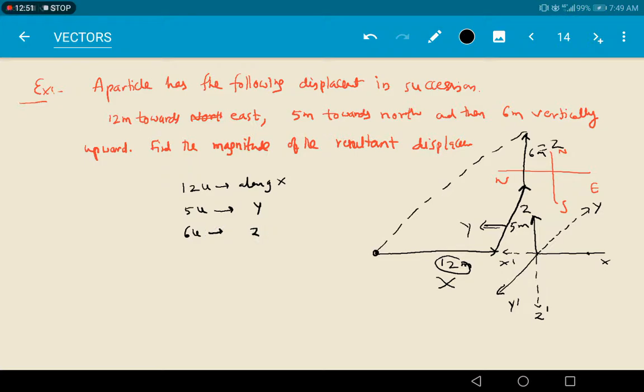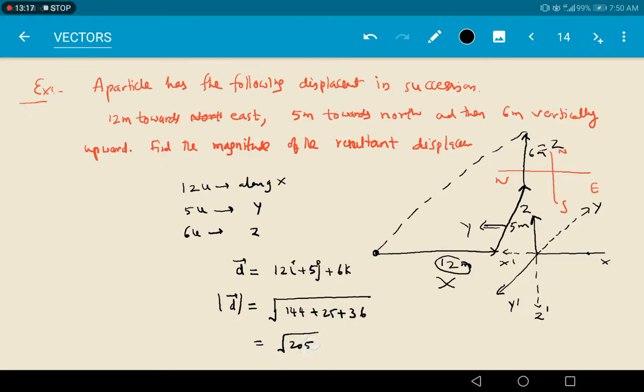Therefore we can represent d bar is equal to 12i plus 5j plus 6k. And what about its magnitude? Magnitude is equal to under root of 12 square plus 5 square plus 6 square, that is 144 plus 25 plus 36. So we are going to get root 205 meters as the magnitude of the resultant.